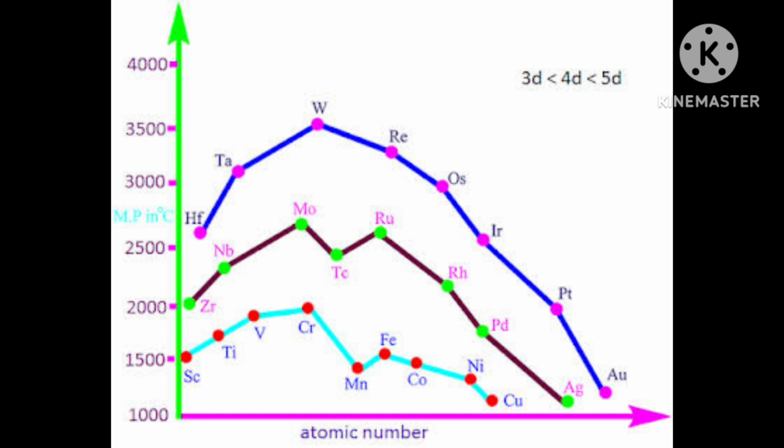Hence, the net electrostatic attraction between the nuclear charge and the outermost electron increases and the ionic radius decreases. Okay, this is the main reason.